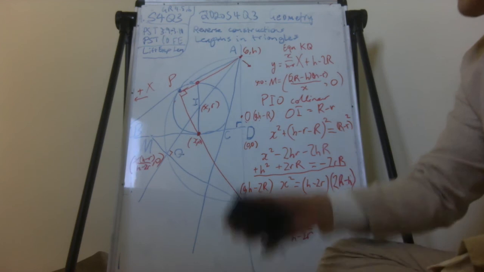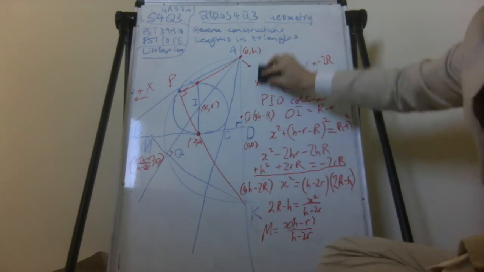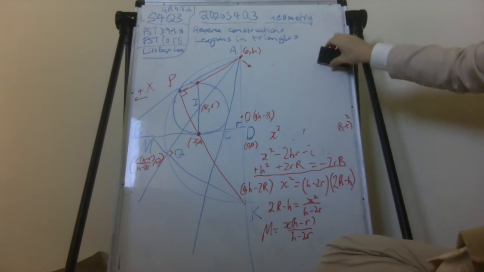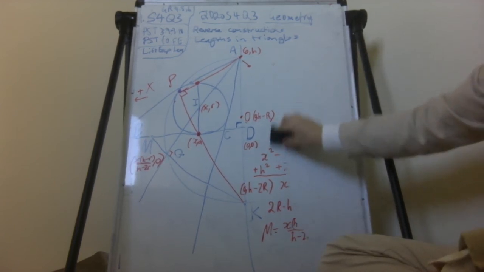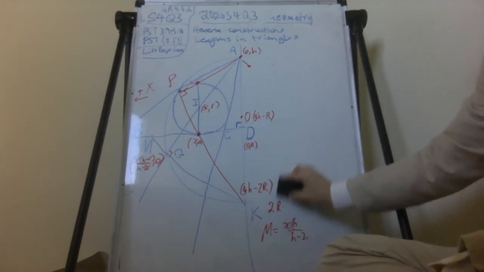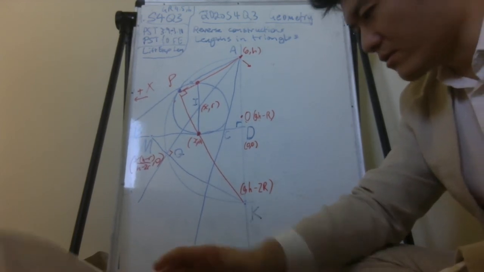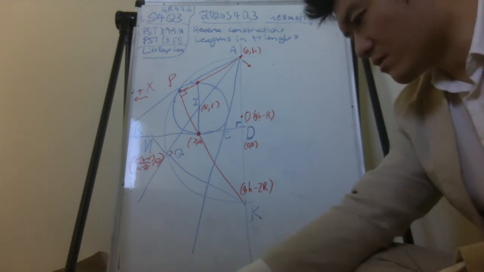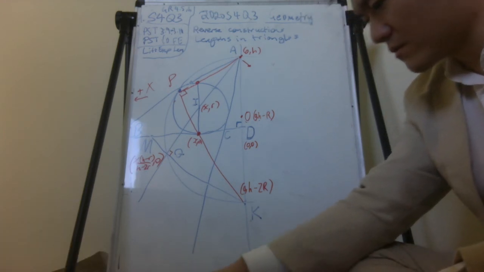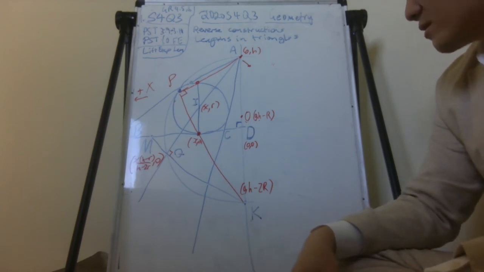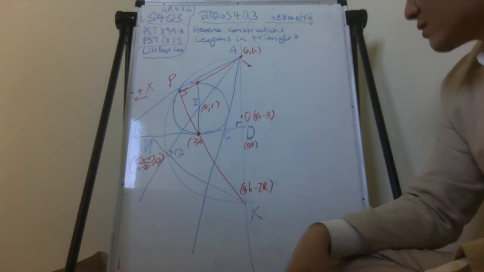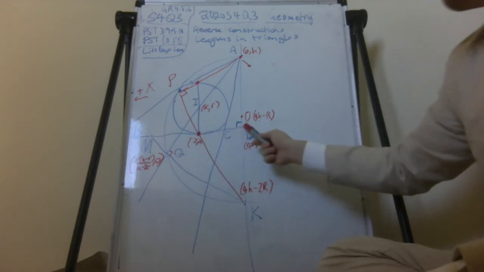If you wanted a more elegant way, well, not elegant, but just if you wanted to look coordinate free, but it's still not coordinate free, it's just another way of doing it. You could have equated, realizing that MT on TK is T, or T is D, so MD on MK.